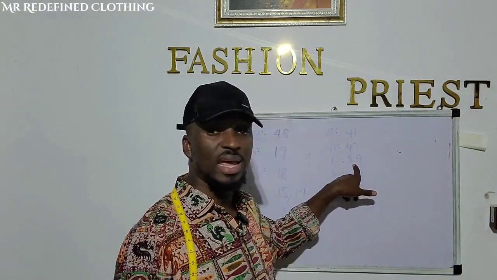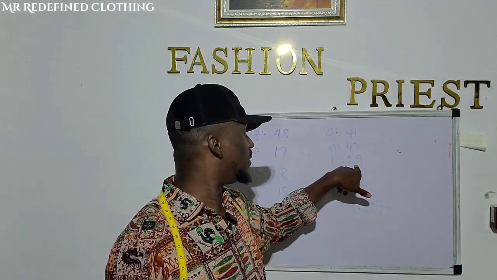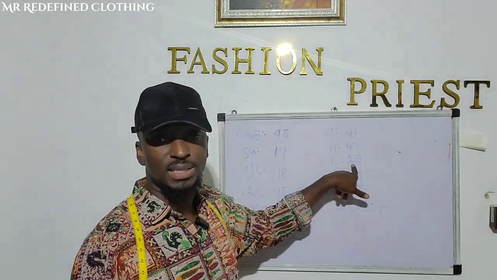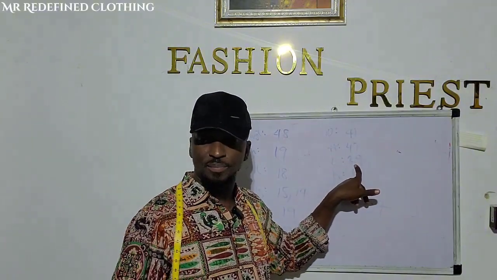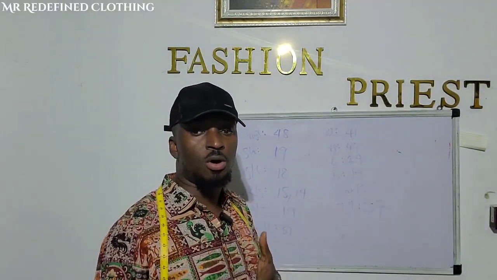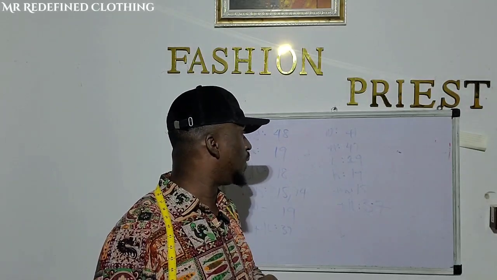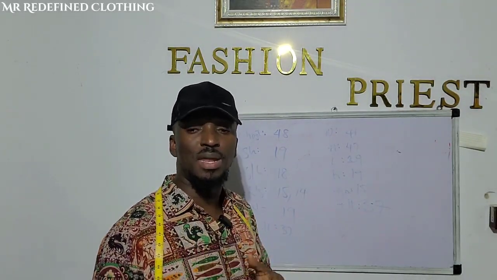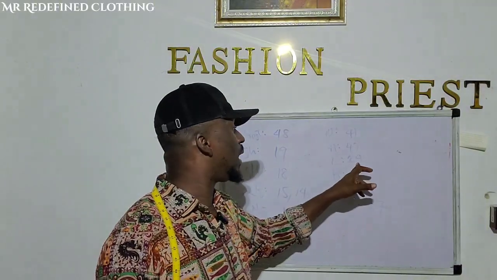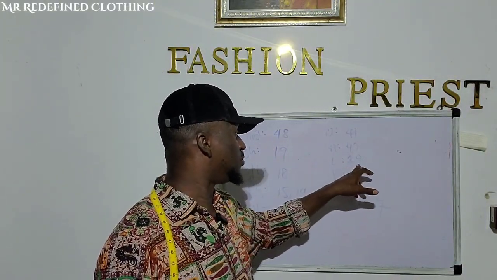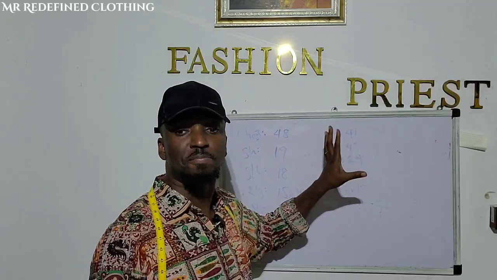This lap is actually 28, but I made it 29 for ease, for comfort's sake, for my clients, right? For the measurement they gave me, this lap is 28, but for my own perfection's sake, I wanted it to be a free measurement so that there won't be any error. So I made it 29. This is just my own adjustment, but from the measurement they gave me, it's perfect.